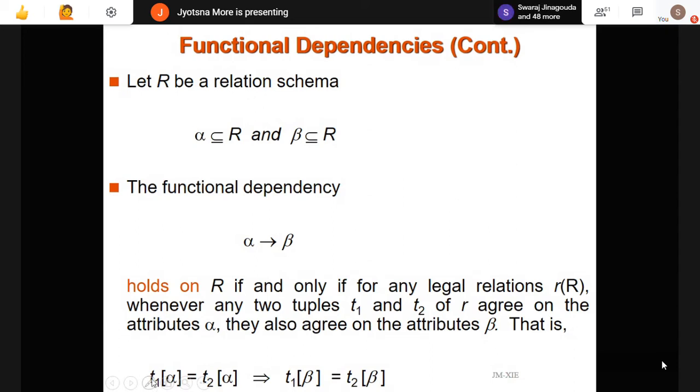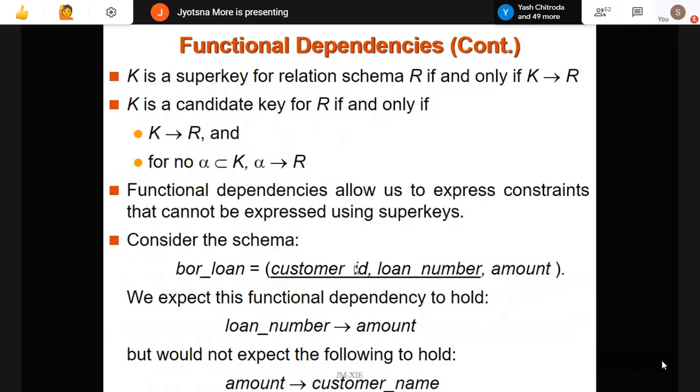That is, if T1 of alpha equals T2 of alpha, it implies T1 of beta equals T2 of beta. This is the standard definition. We will not make any changes in this. Only if sums are there, we will write it.